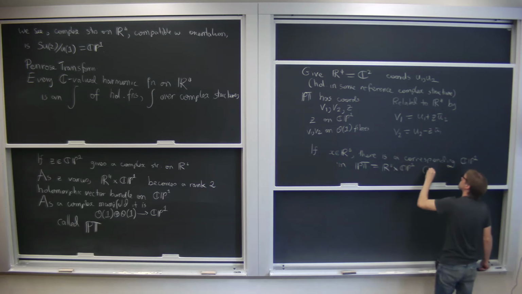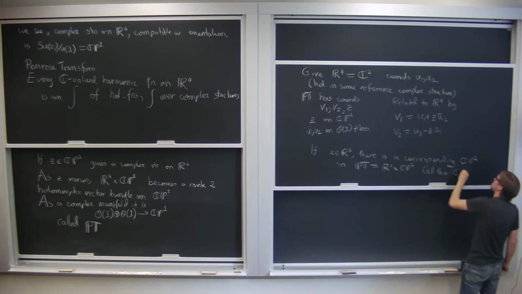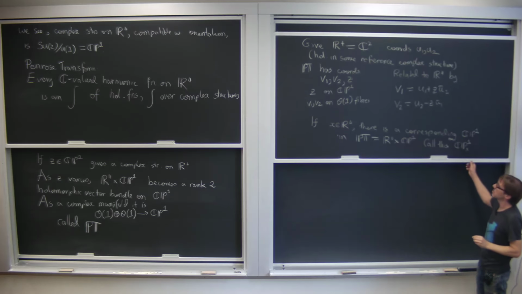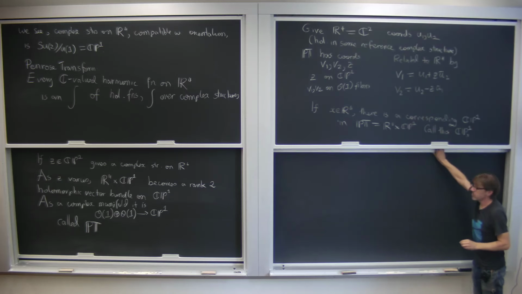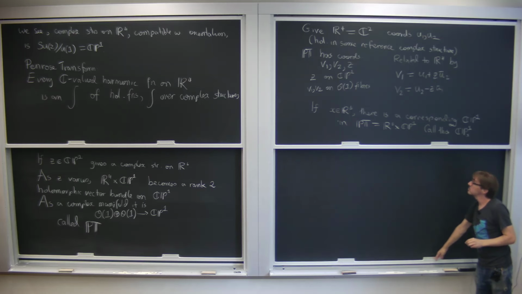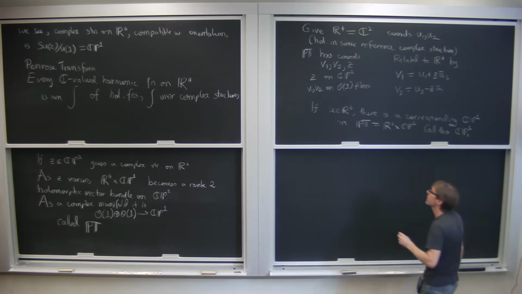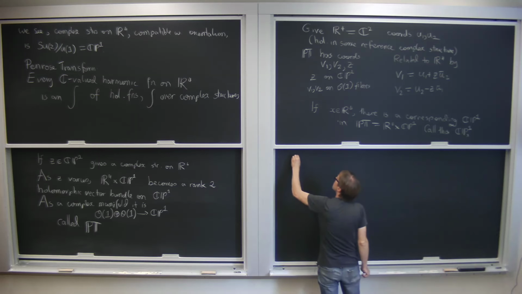And we call this CP1 sub x. So now I think we're ready to state, well, unless there's any questions, we can try to state the first version of the Penrose transform, which is the generalization of that statement over there. So, theorem.